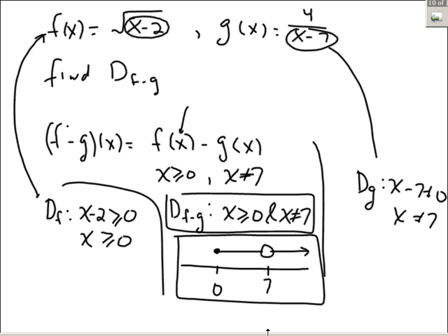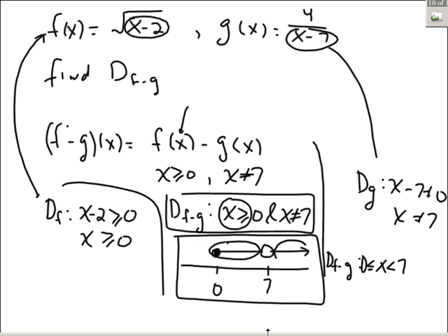If you had to write the domain of f minus g using interval notation, well, first x can be in between 0 and 7. It can equal 0. That's why it's filled in. But it can't be 7.